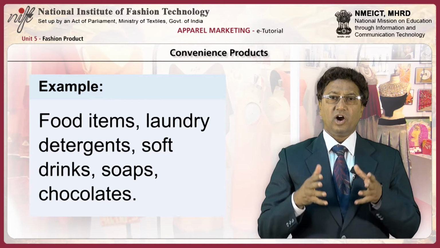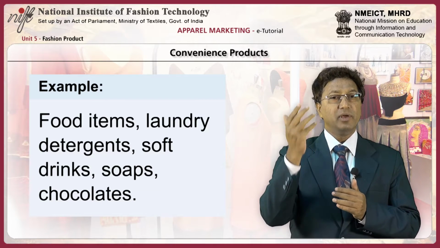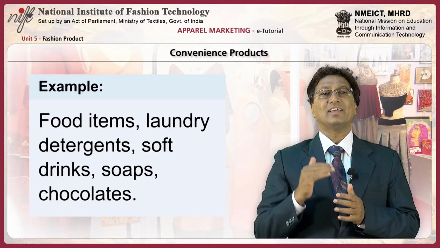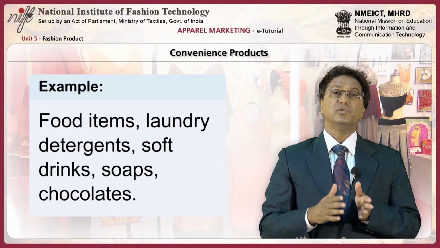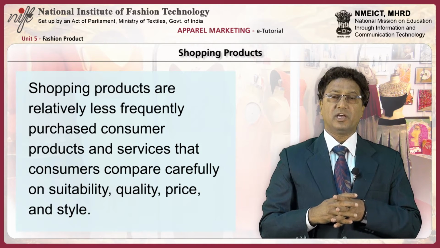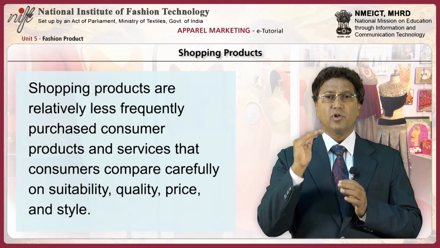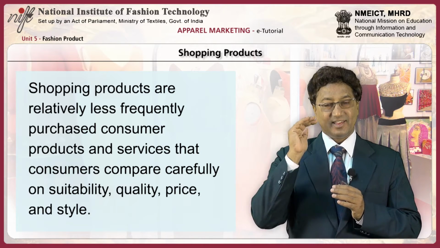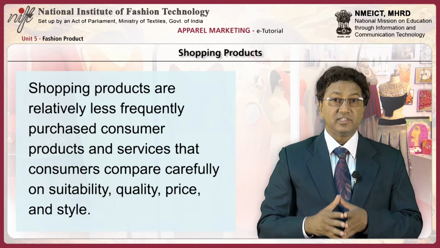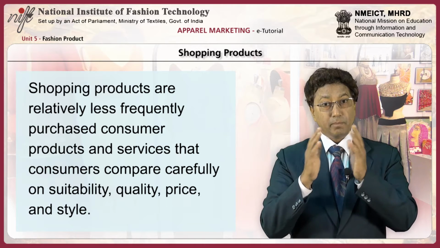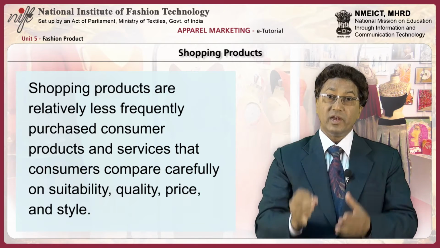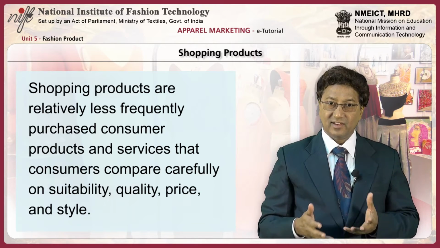Convenience products are usually placed in many locations in the store to make them readily accessible for consumers during shopping. Now let's know what shopping products are. Shopping products are relatively less frequently purchased consumer products and services that consumers compare carefully on suitability, quality, price and style.